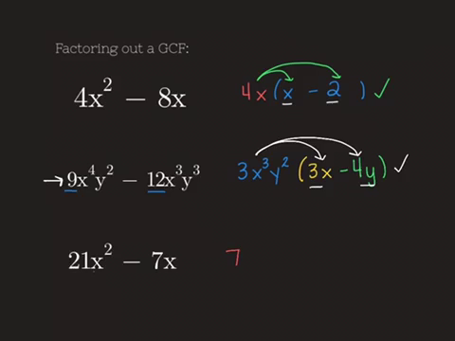And then this one has 2 x's, this has 1, so the most I can take out is 1. Now, 21x squared divided by 7x would be 3x. And now what I'm doing is negative 7x divided by 7x, which would be a negative 1. So anytime you're factoring something completely out, it always has to leave behind a 1. Because if I went back and distributed and I didn't have that 1 there, this wouldn't work.